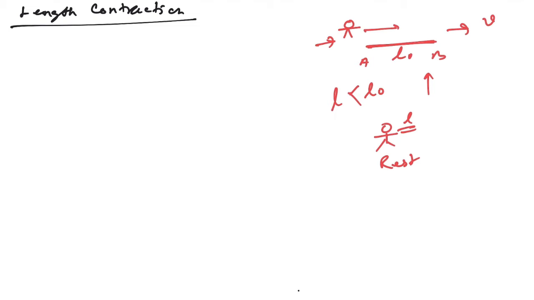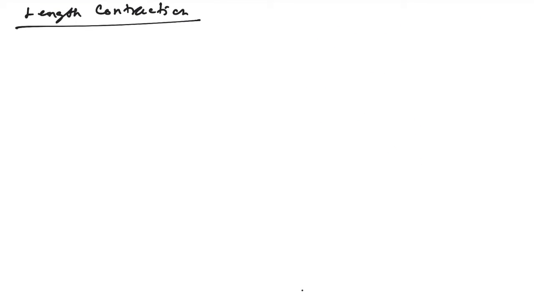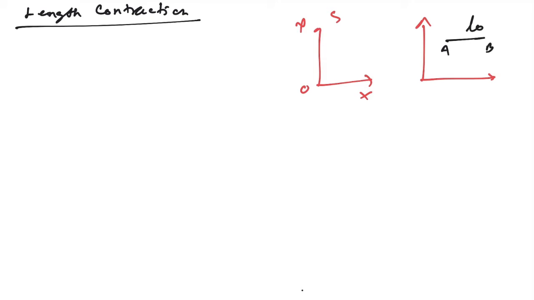So now let us establish a relation between L and L naught. Suppose we have two inertial frames. One is at rest, suppose this frame is S, and another is associated with the moving rod. Suppose this is a rod AB, and its proper length, that means the length observed by the observer moving with the object, is L naught, and this frame is S dash, with X dash coordinate, Y dash, and its origin O dash.